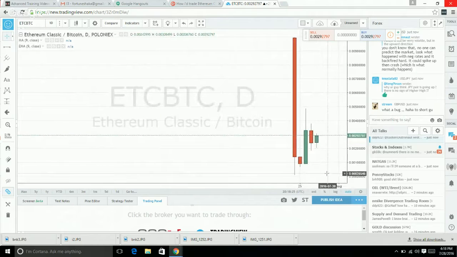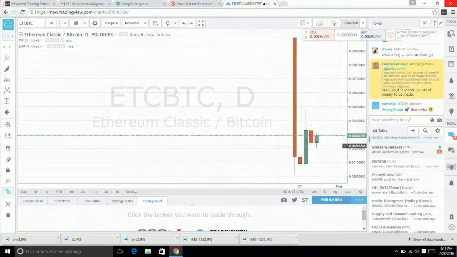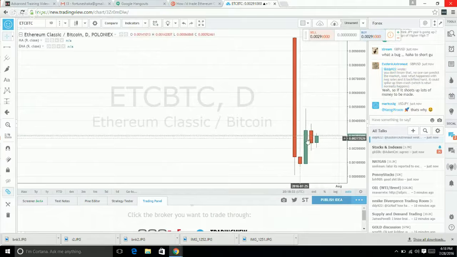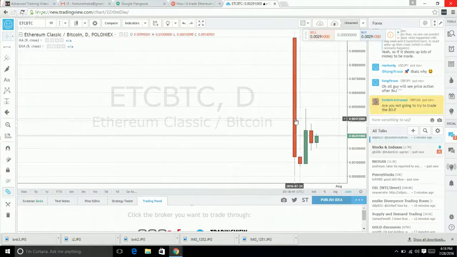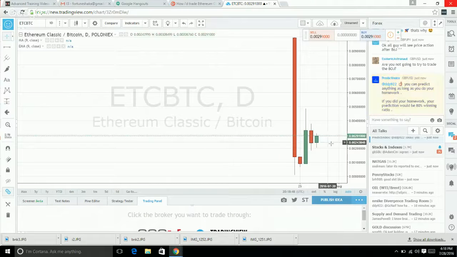See, like I said, 1, 2, 3, 4, 5. You only have 4 past days of information. Each one of these candles represents one of whatever time frame you're in. So we're in the 1 day, right? So each one of these represents 1 day. If you were in the 1 hour, each one of these would represent 1 hour.